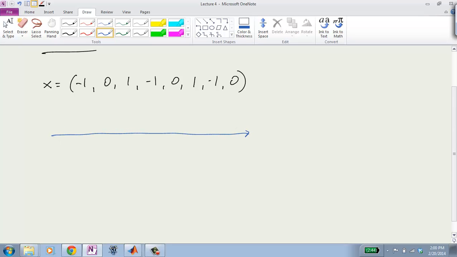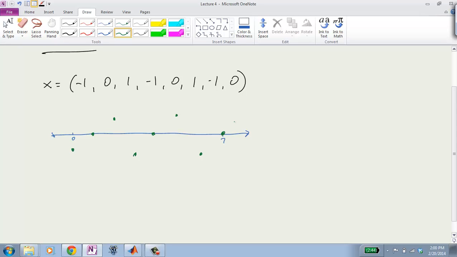And I'll suppose that this vector goes from time 0 to time 7. And it's like the following. Oh, let me use another color. Okay, it's these 8 points.